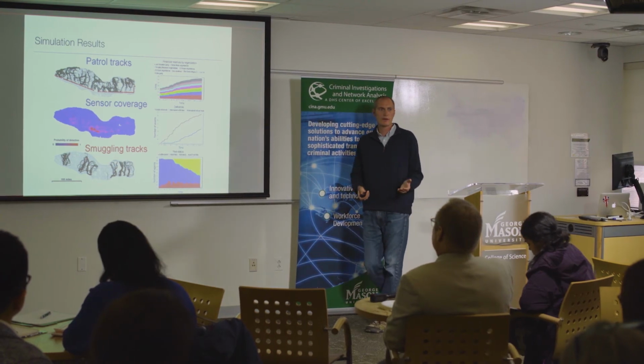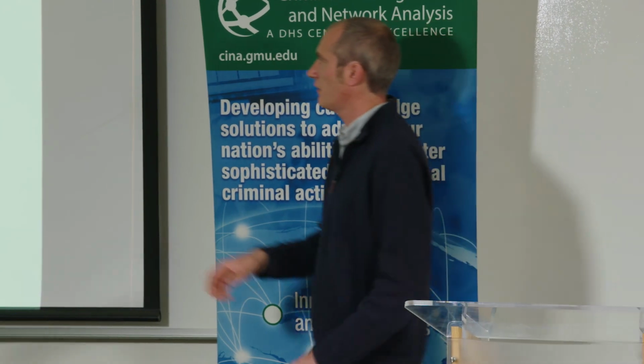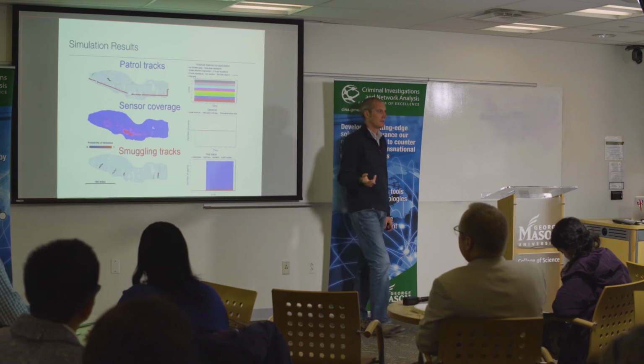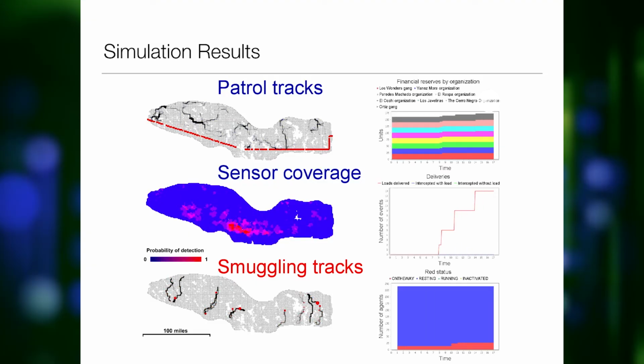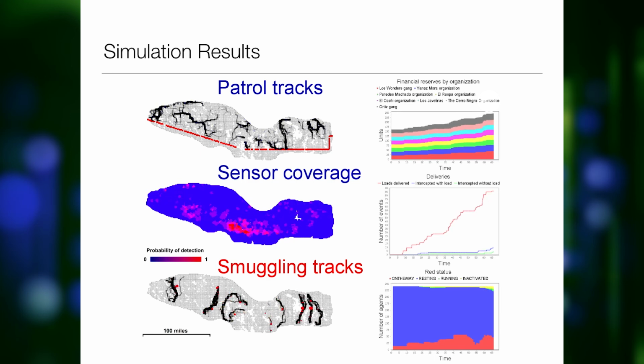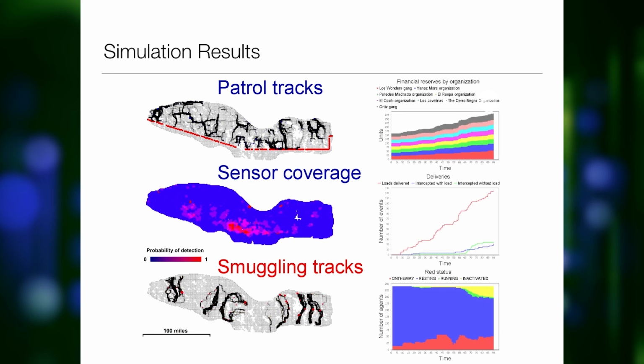But we can ask more about the model than just what's the impact of border security on the flow of people into the system. You can also ask questions like, which organizations are being impacted by being caught. This is the wealth distribution of different organizations as you go through time.